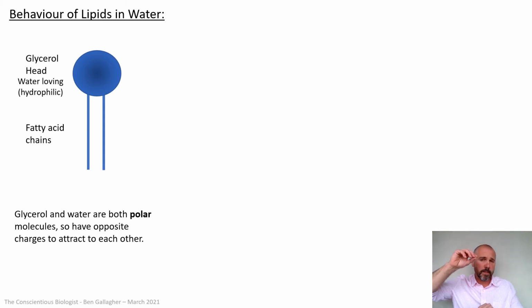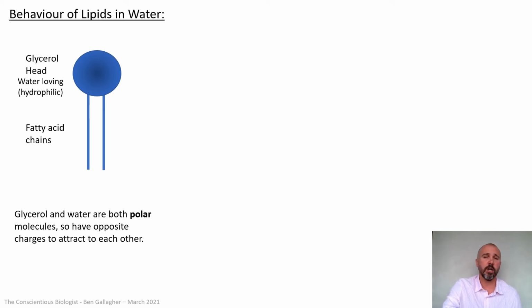Now, if you've got opposites on you as a molecule, you can be attracted to other molecules. So on a water molecule, there's a positive and a negative side. On a glycerol molecule, there's a positive and a negative side. So the positive side of the water and the negative side of the glycerol can be attracted to each other because opposites attract. So basically, when we say that the glycerol head is hydrophilic, it's simply because it's polar, just like water, so they can attract to each other.